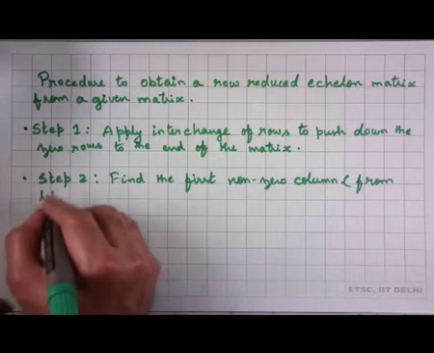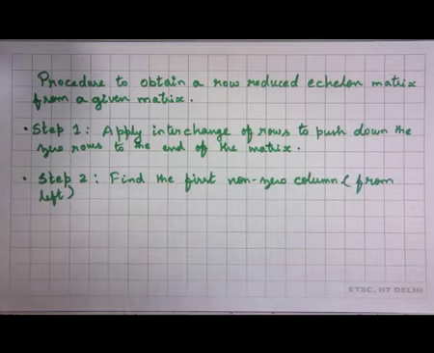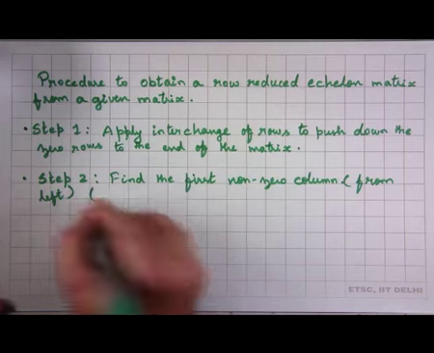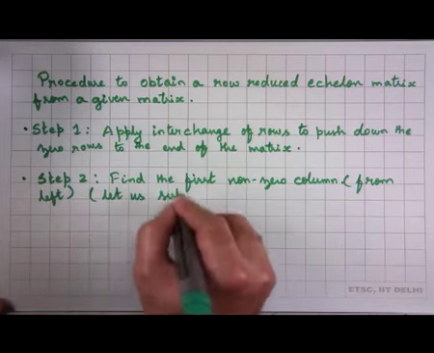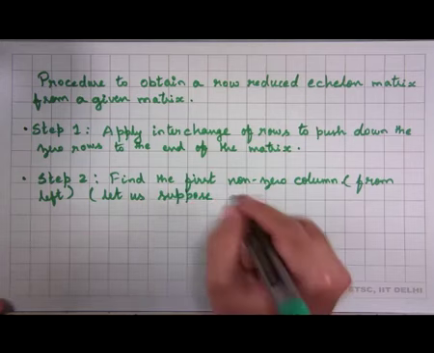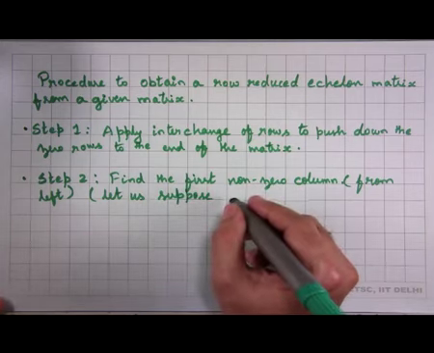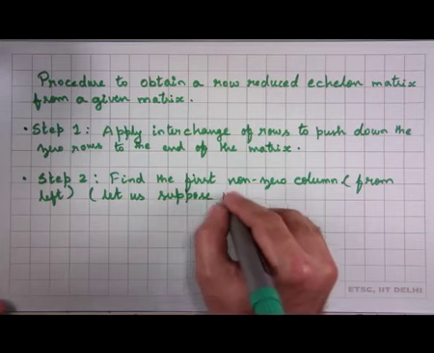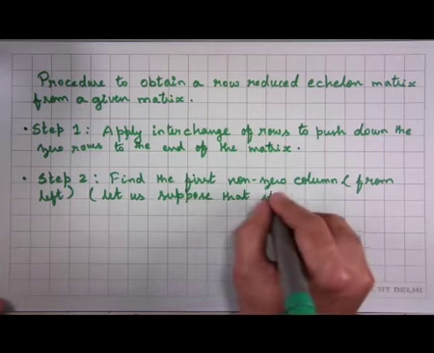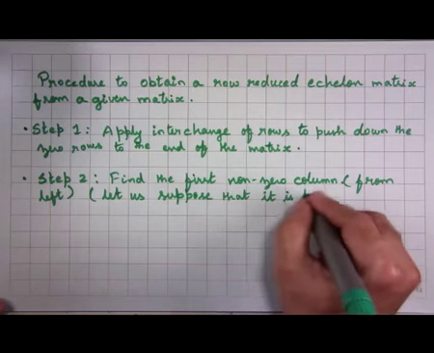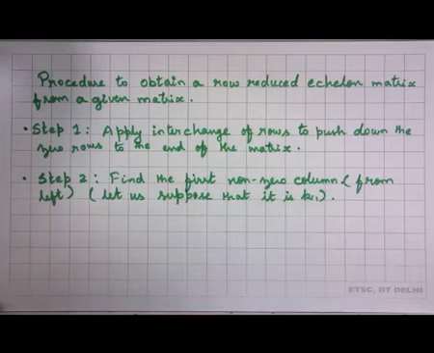You will have to start from the left. So, let us suppose that the first non-zero column is K1. K1 is the first non-zero column.